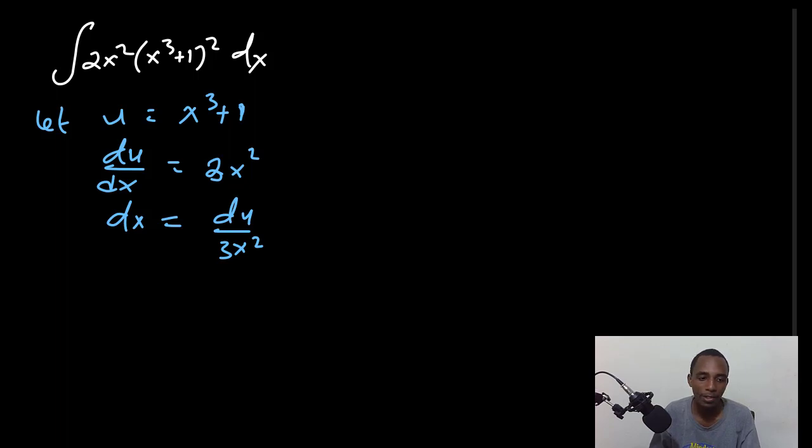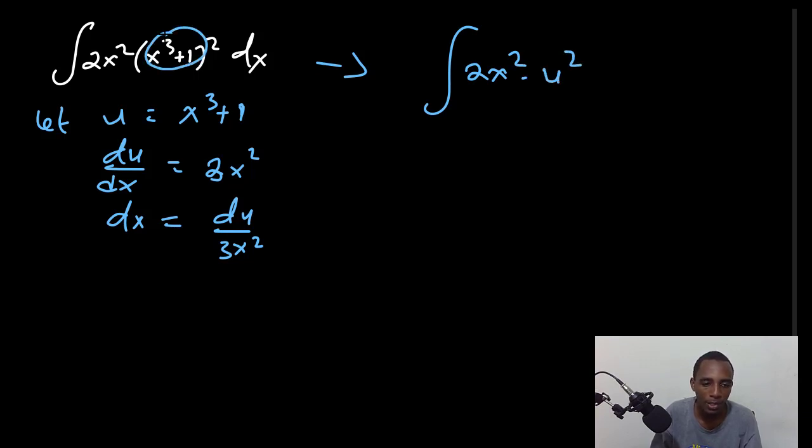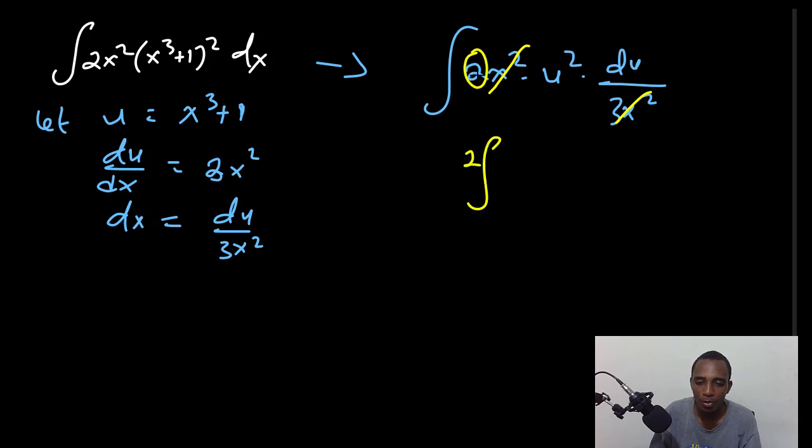So I write this integral again as the integral of 2x squared times u squared, of course all this here is u. Instead of dx, I'll write du divided by 3x squared. So you can see that x squared nicely cancels out. I'll just pull out 2/3 as a constant.